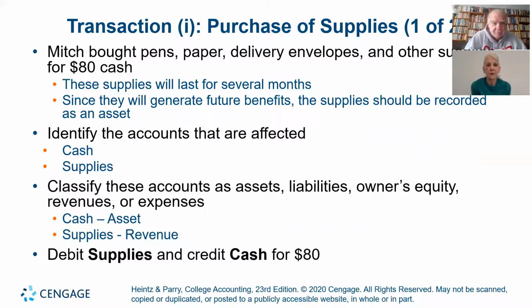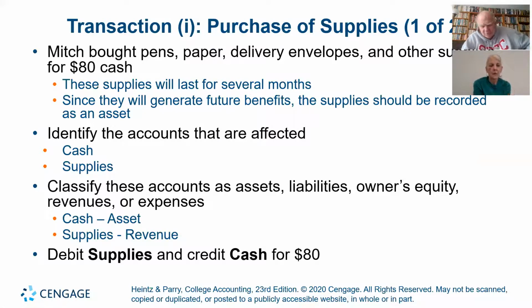We purchase supplies for cash. This account really should be called prepaid supplies. We're not quite up to that. These supplies will last for several months, okay? Since they will be generating future benefits, the supply should be recorded as an asset.